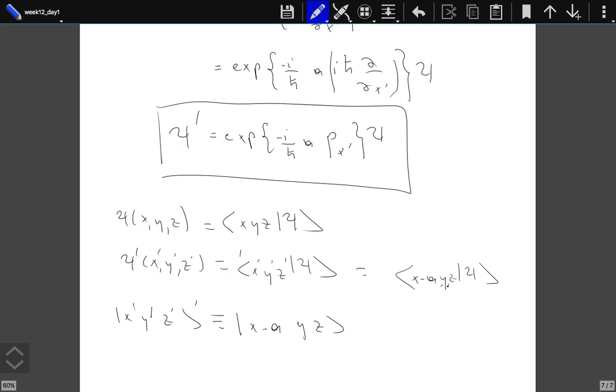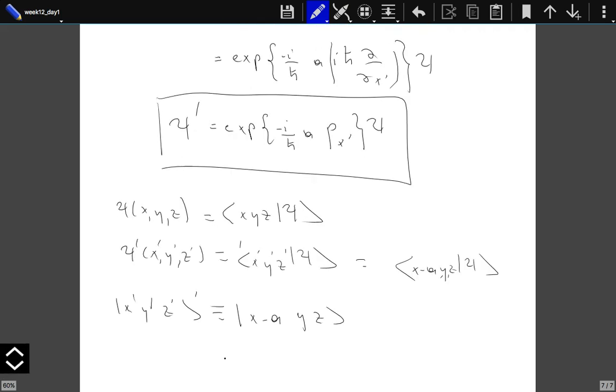And the first term is nothing but cosine theta over 2 times the identity operator, minus i 2 over h bar Sz times, no, the first sine theta over 2.